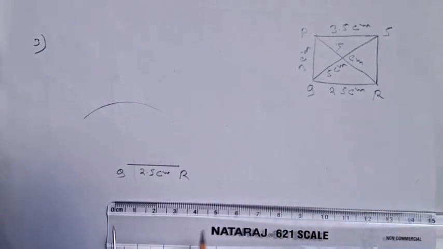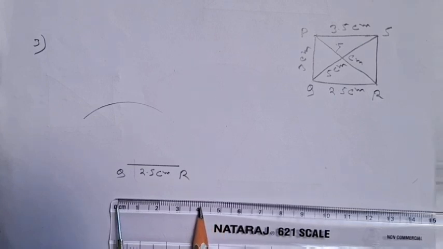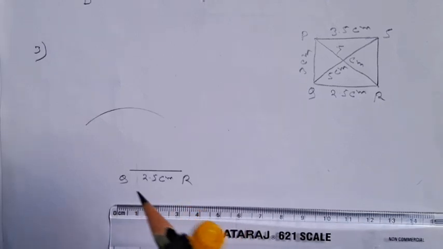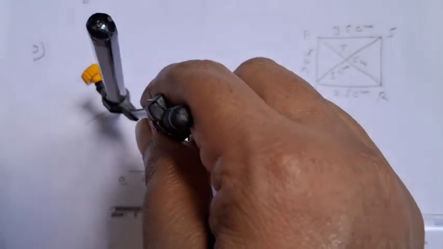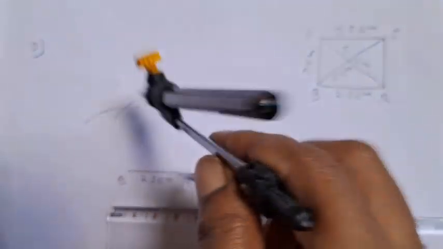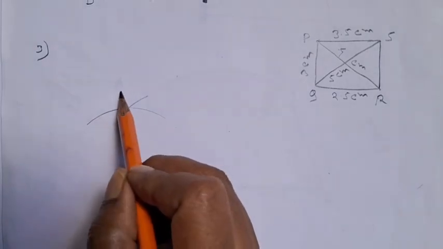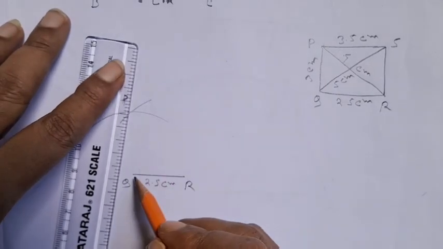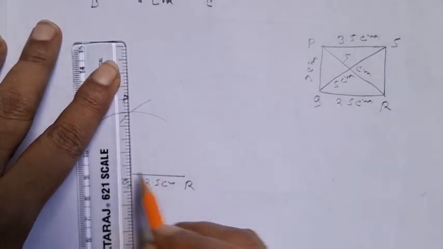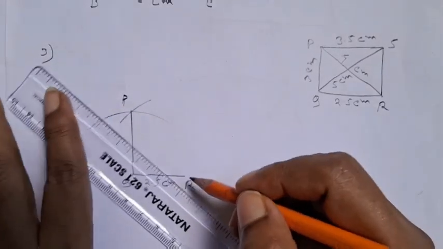And now taking 4 centimeter in my compass and taking R as center, I draw another arc which cuts the previous arc. This point is P. Now I join PQ and PR.